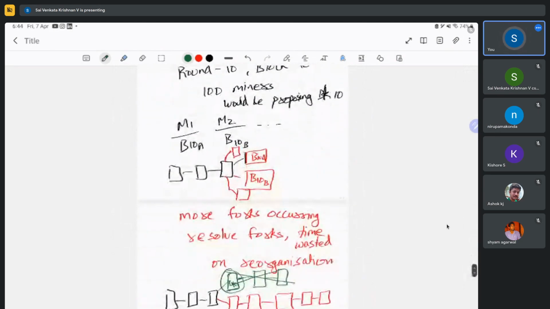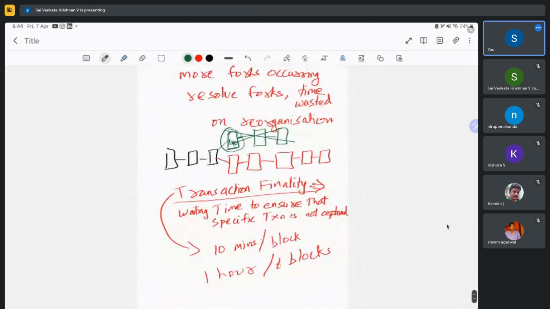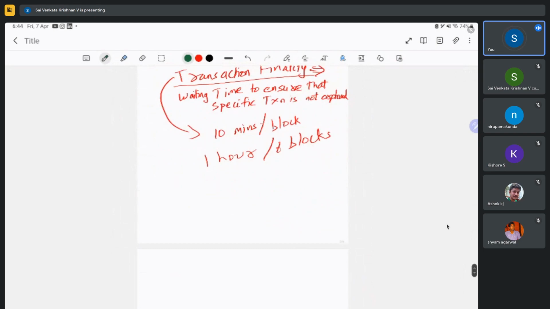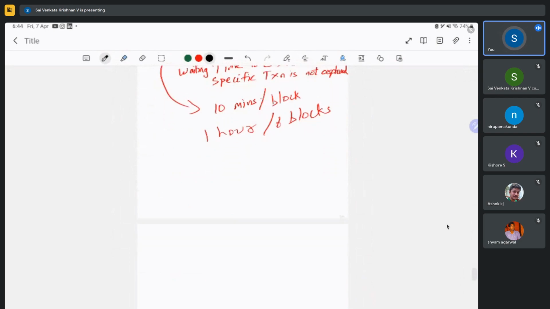So then how can we improve the transaction throughput per second? And the third disadvantage, which is sort of hidden, is called mining centralization.